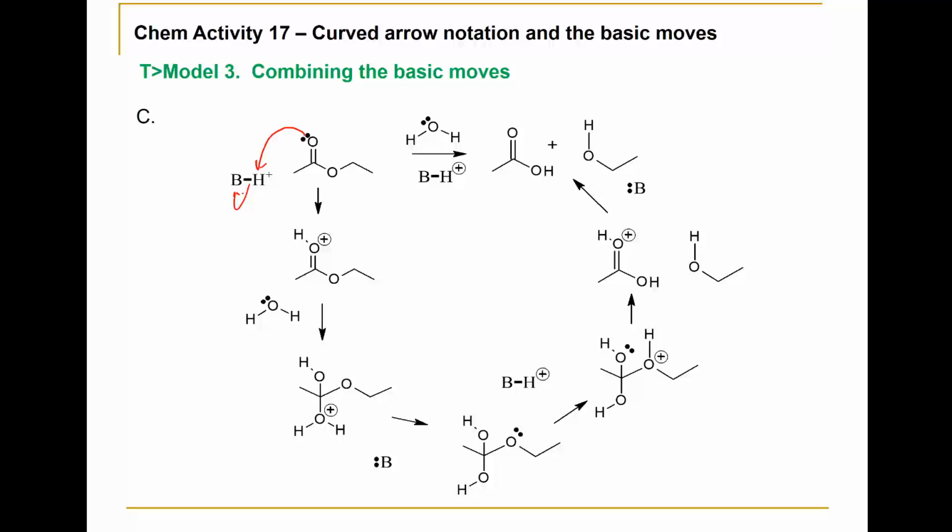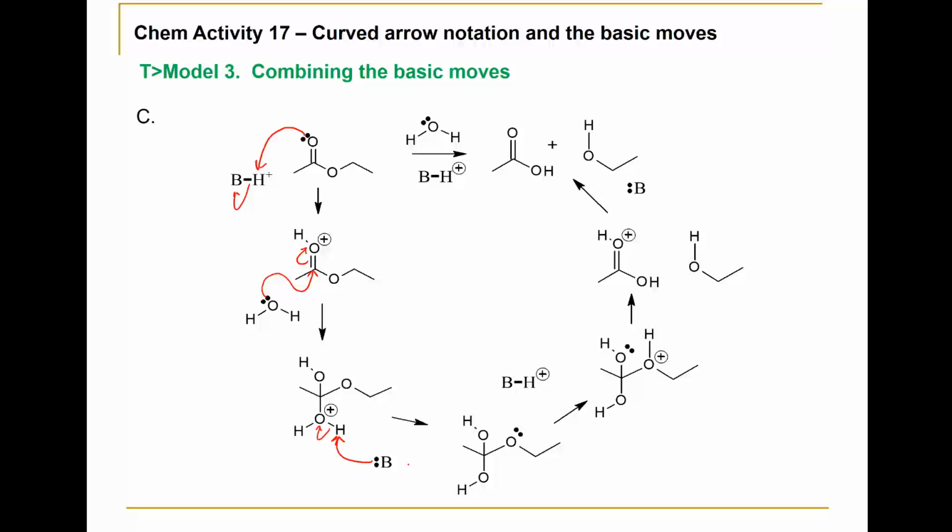If I now compare my first intermediate to the second intermediate, I can see that the second intermediate has an extra bond to an OH2 group. This means that water as a nucleophile has attacked. So this is simply a nucleophile attacking an electrophile. If I compare this intermediate right here to the next intermediate, I can see that all that's happened is there's been a proton transfer. So that's what I will show with the curved arrows.